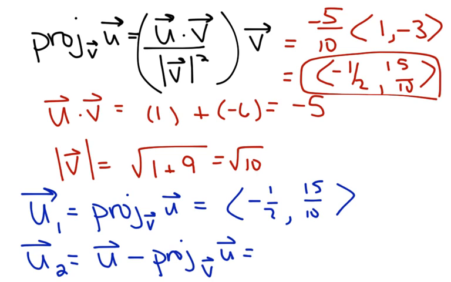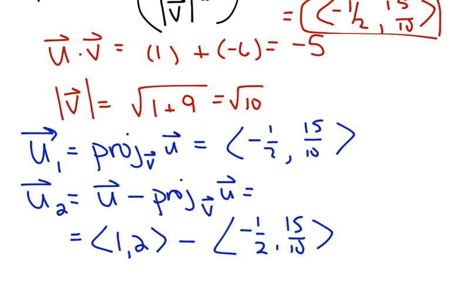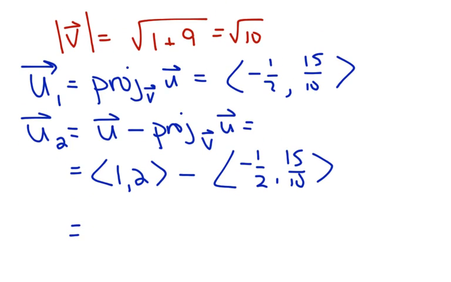So if I subtract the original vector 1, 2 minus negative 1/2, 15 over 10, I'm going to get 1 and 1/2, or 3/2, or 1.5, and then 2 minus 15 over 10 is going to be, let's see, it's going to be 20 over 10 minus 15 over 10, which is 5 over 10, which is 1/2. And that would be u2 if I broke it into vectors u1 and u2.